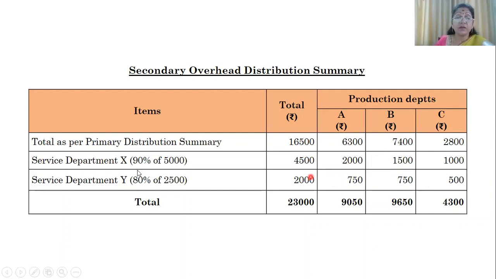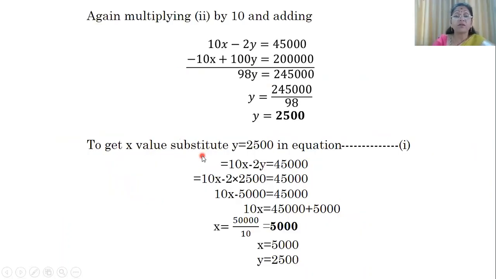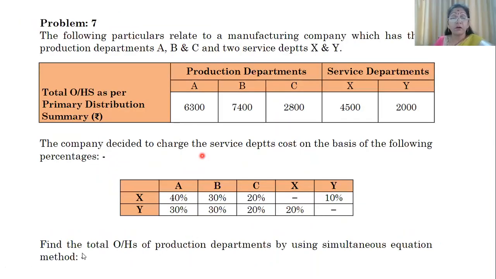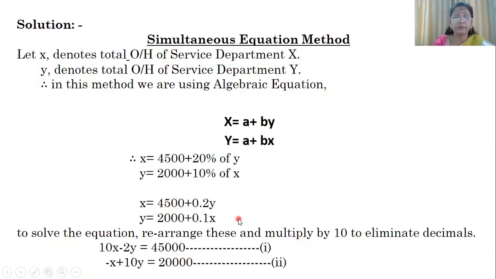Then service department Y. See, go to the problem. Service department Y, 30% plus 30% plus 20%. 30, 30, 60 plus 20, 80%. With this 80%, we should not consider X and Y. Only 80%.